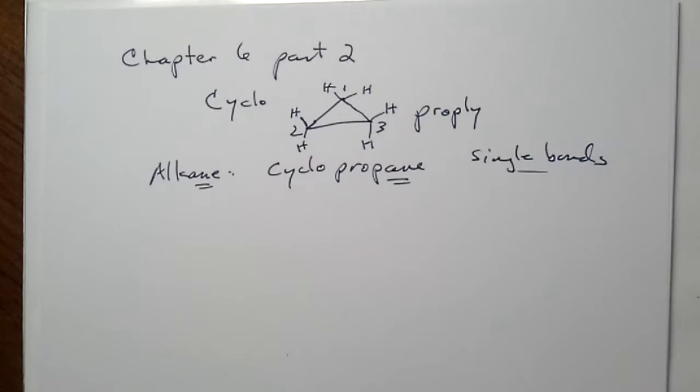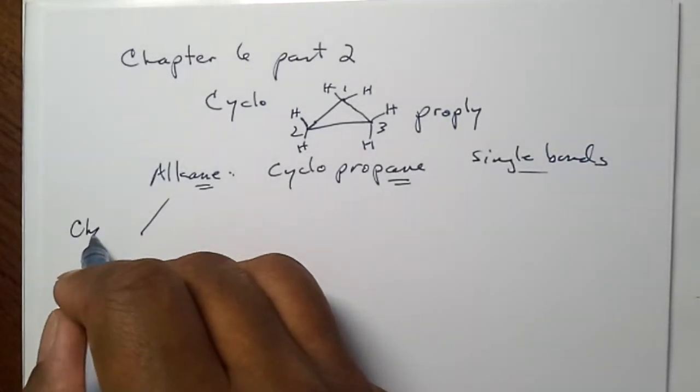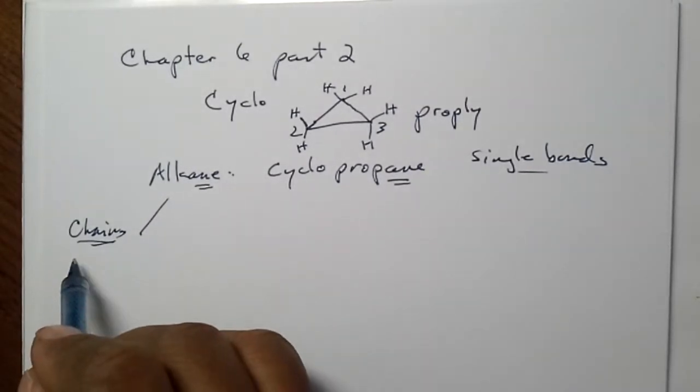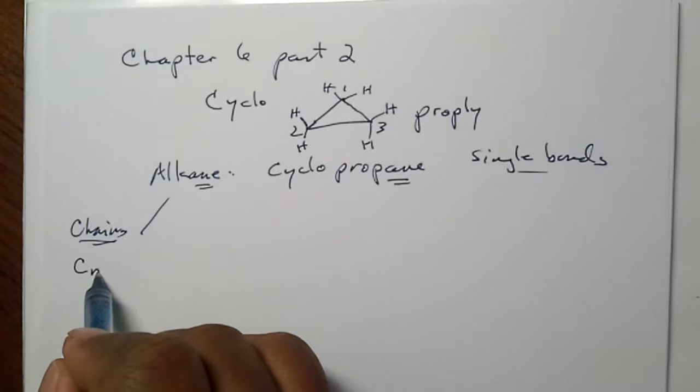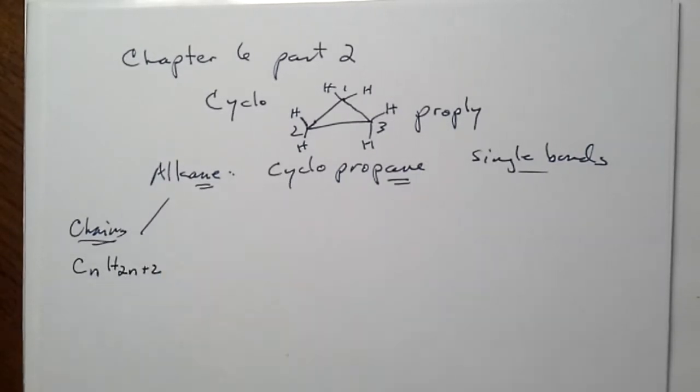The general notation for long chain alkanes is CnH2n+2.